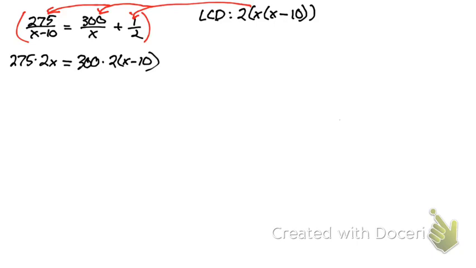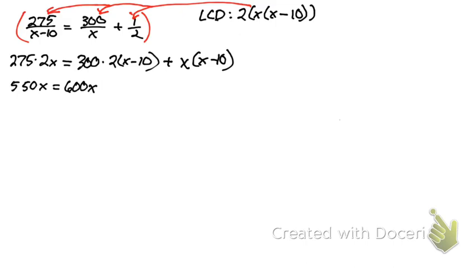Finally, when I multiply by that 1/2, your 2's will cancel out, and we'll just be left with that x times x minus 10. You can see where that x squared is going to come from. So let's go ahead and simplify this. We're going to have 275 times 2, so that's going to be 550x, equals, well, think about this, it'd be 300 times 2 times x, which would be 600x.